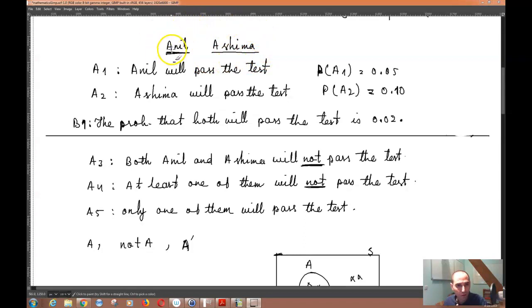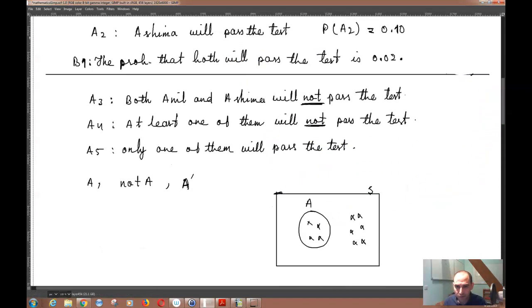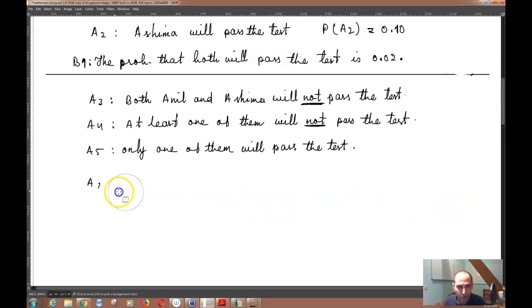And probably you could think that the different outcomes of this experiment would be different scores of these two students in the examination, meaning that you would get a bunch of numbers like, for example, 55, 65.